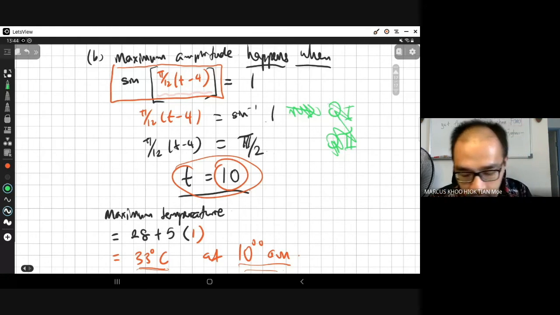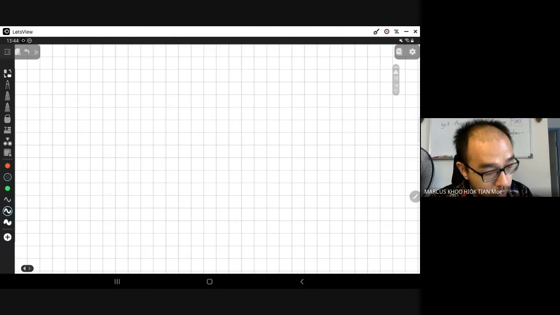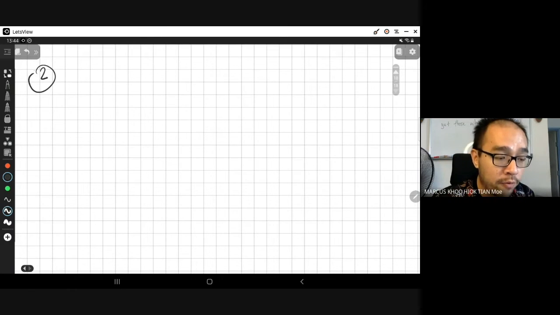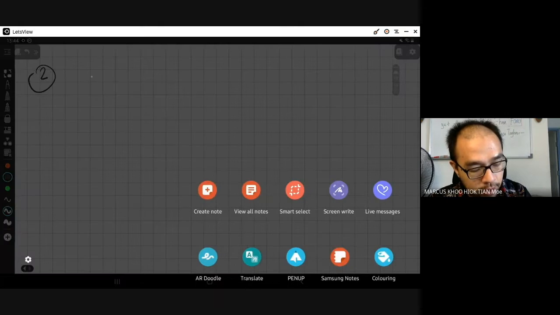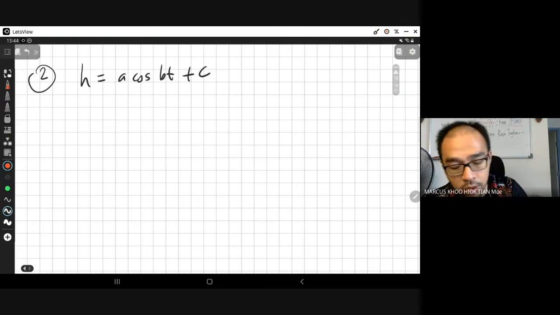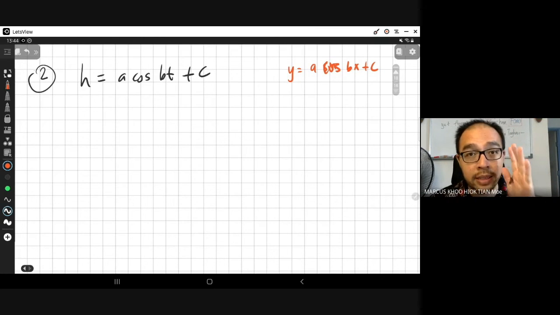Let's take a look at question number 2. Now the depth of water at the mouth of a river is given by this one: h equals A cos Bt plus C. This is very similar to our old y equals A sine or cos Bx plus C. Very familiar, right? But again, there's a very important thing here.